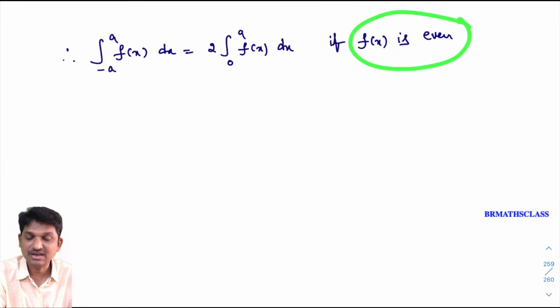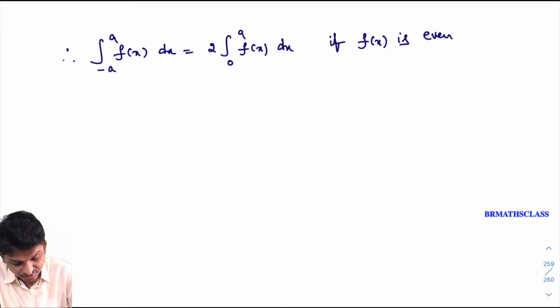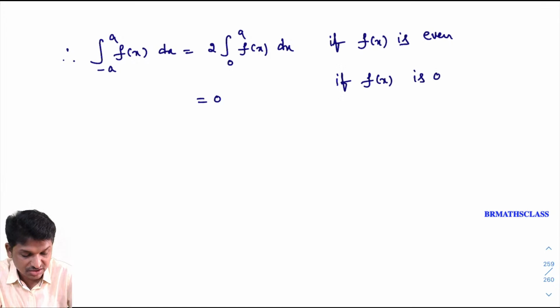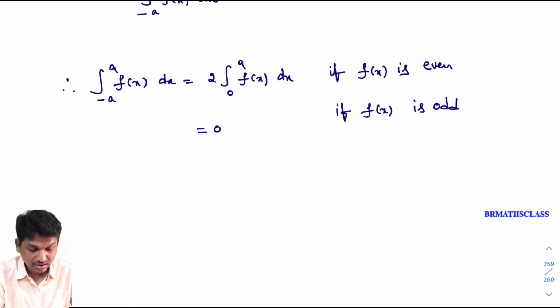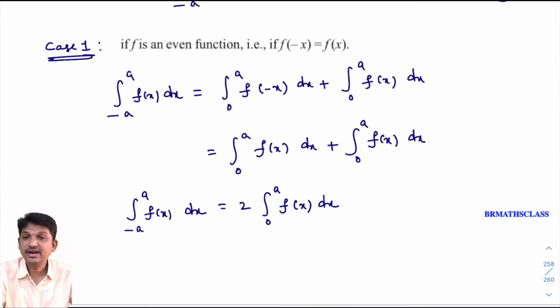And the same thing will become 0. That means the integral of minus a to a f of x dx is 0 if the function is an odd function. F of x is an odd function means f of minus x equals minus f of x. Okay, right. So we derived all 8 results.